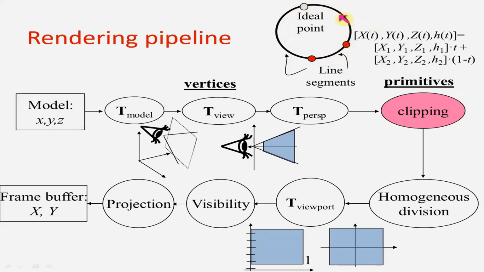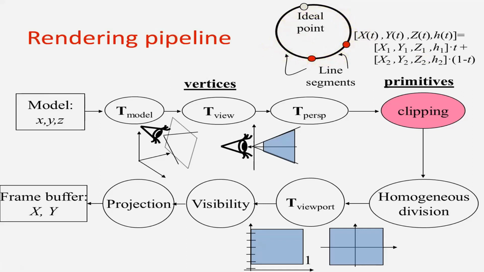The ideal point glues the two ends of the line. As on a circle, two points do not unambiguously identify an arc because there are two possible arcs. On a projective line, 2 points may define two complementary line segments, this one and that one.